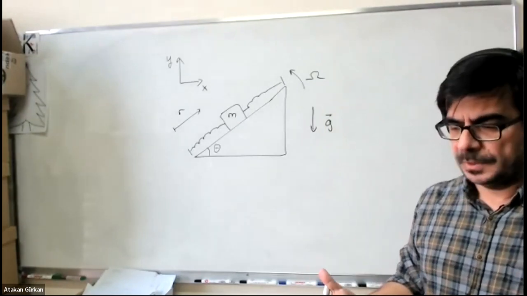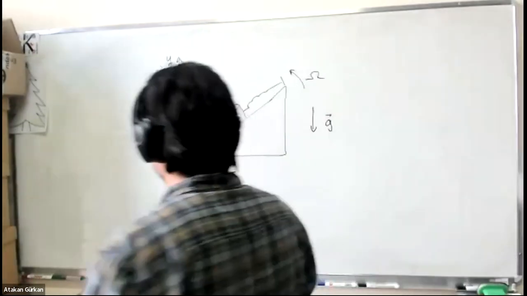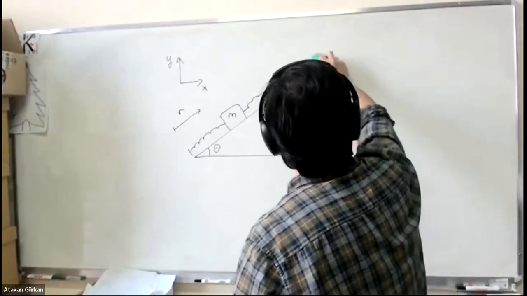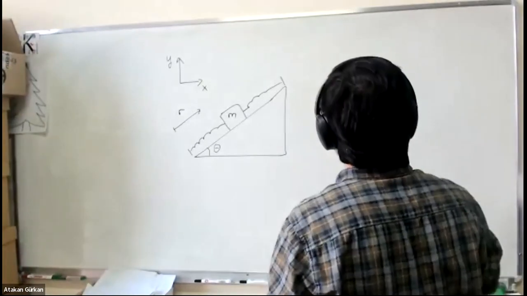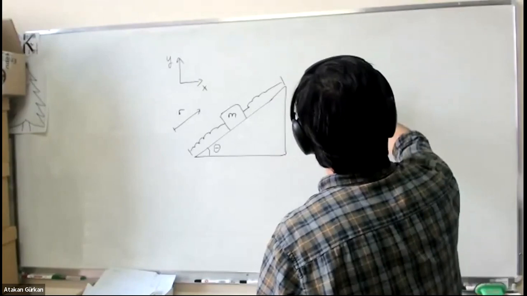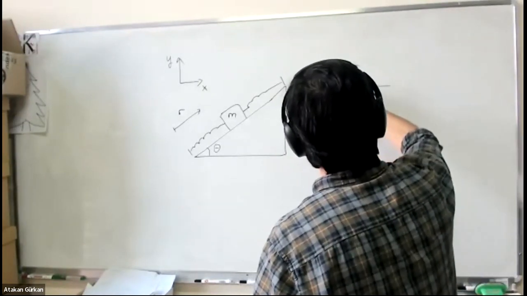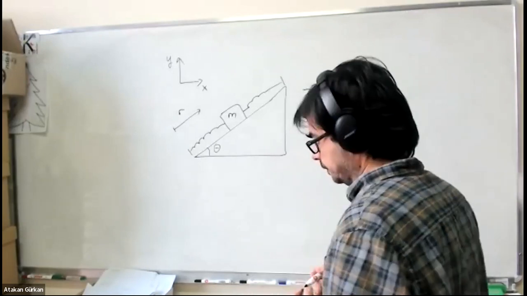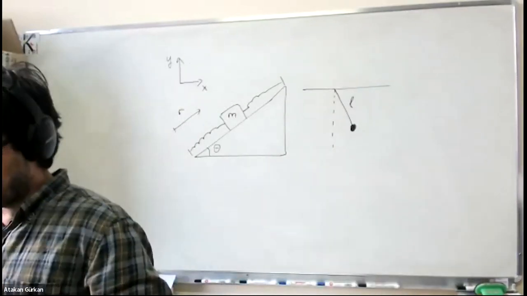Why? Now, because of the way I think about this, let's go back to a simple problem, the pendulum, and see how we pick the coordinates. So this is my vertical, this is my pendulum. Let's say it's a point mass, some length L, fixed from some ceiling. Okay.